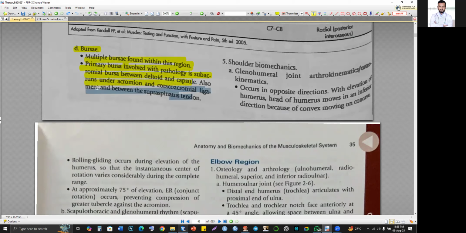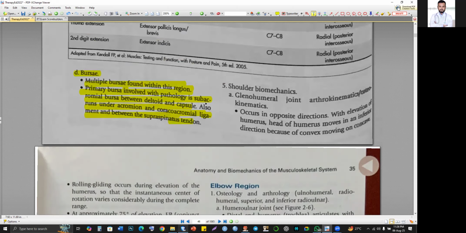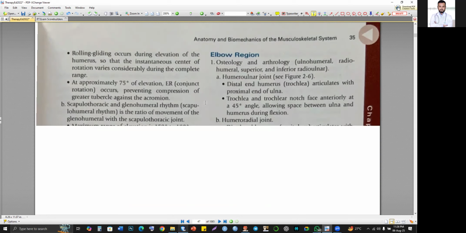So this is the primary bursa, which is subacromial bursa, bursitis, which is between the deltoid and capsule. Also, the under acromion and coracoacromial ligament and between the supraspinous tendon. Okay. So these were all these non-contractile structures of the shoulder.